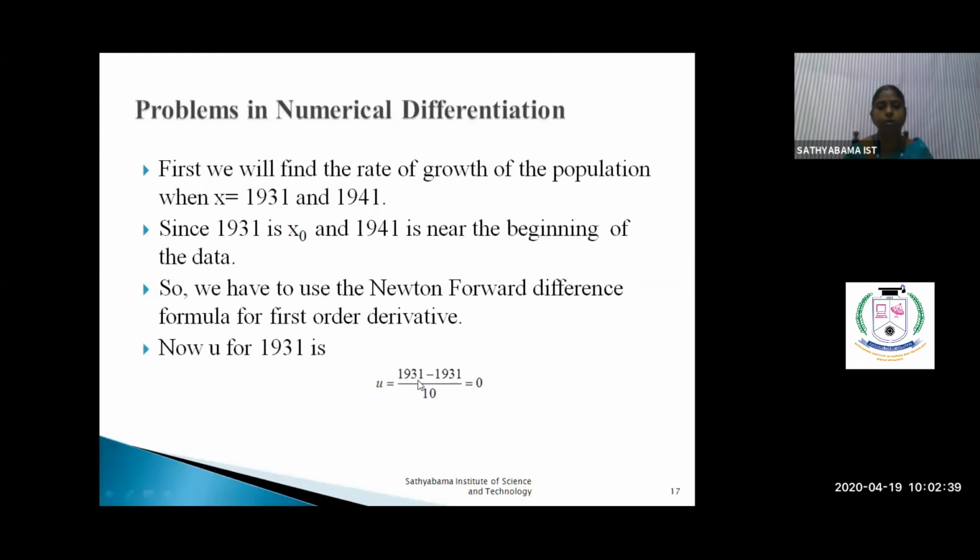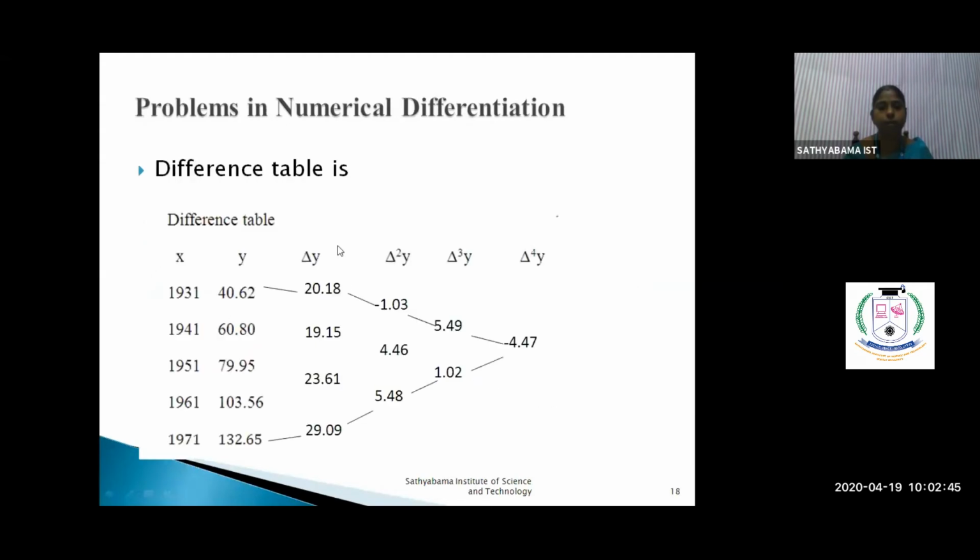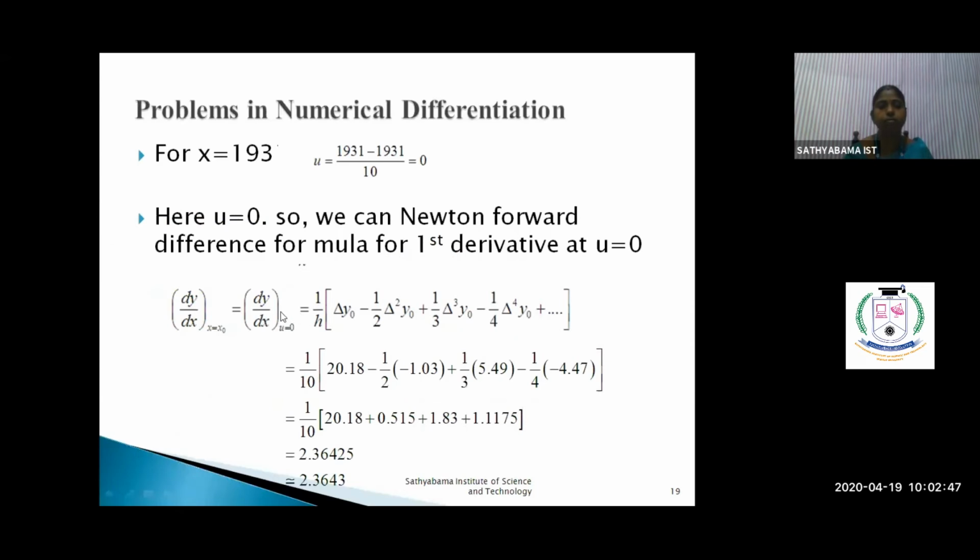So x is 1931, and 1931 minus 1931 is 0. So u becomes 0. Now we want to use the first order derivative formula for 1931, that is dy by dx at x equal to x naught, at u equal to 0.